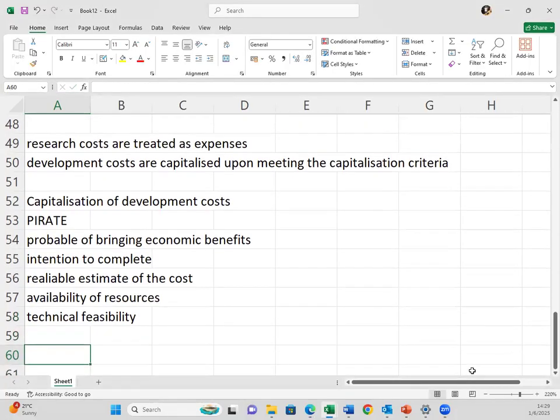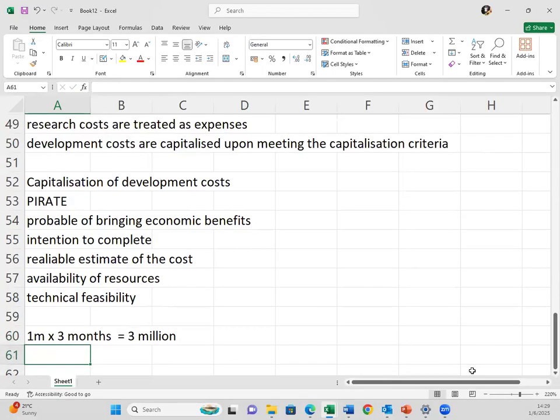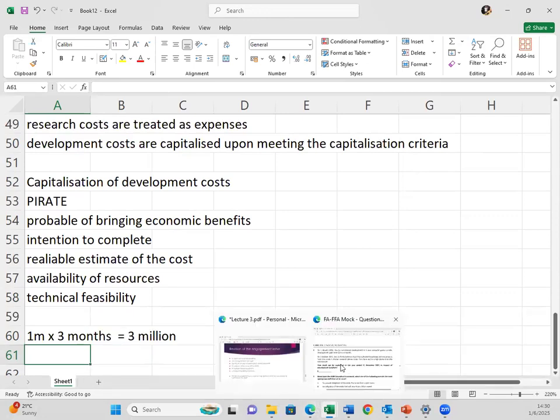So we're going to say 1 million times the 3 months from October. The basis for the 3 months is because the resources were made available in October. So this is when we had the resources to complete. Then now let's move on. From there, let's move to the next.